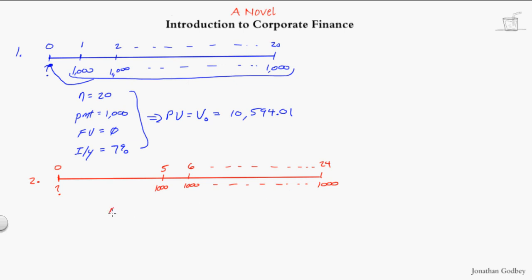So here I say n is equal to 20. Interest rate, payment. Payment is equal to 1,000. Future value is equal to 0. It's the exact same cash flows that I had before, and the interest rate is 7%.